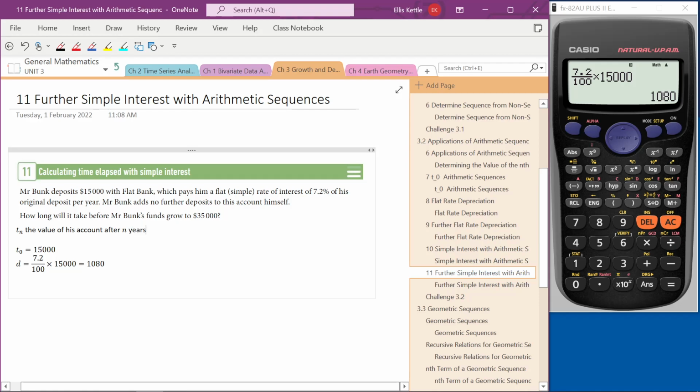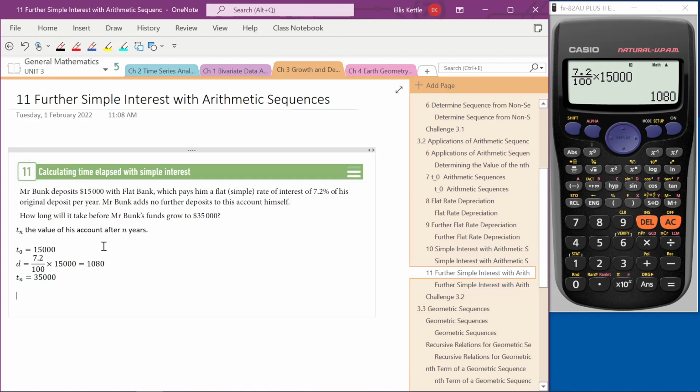And we're interested in when the value of the account, Tn, is equal to $35,000.